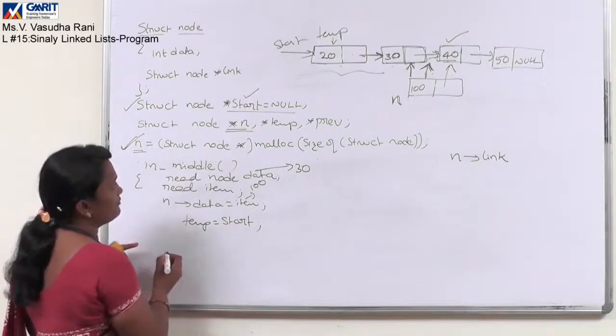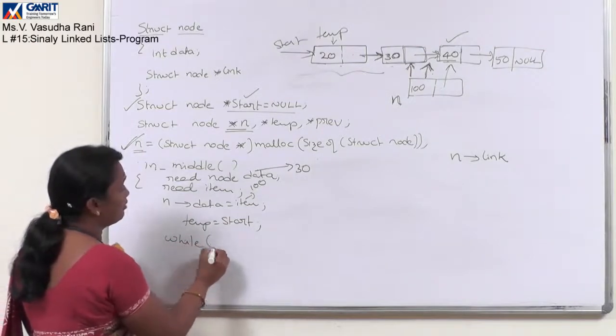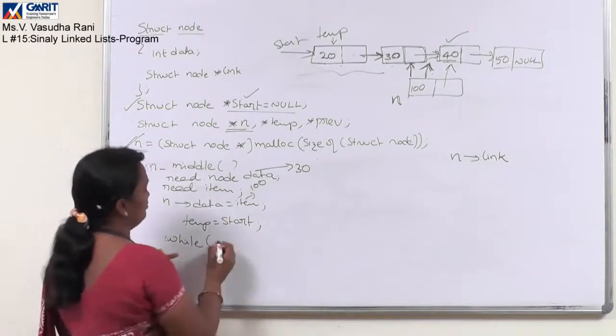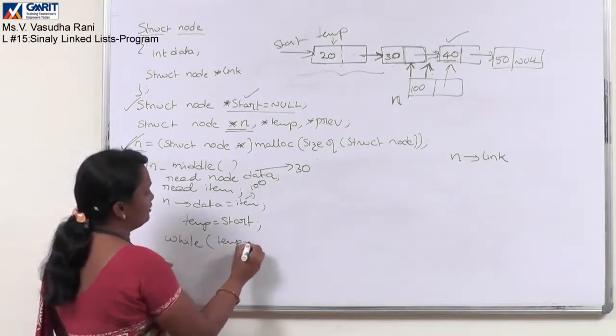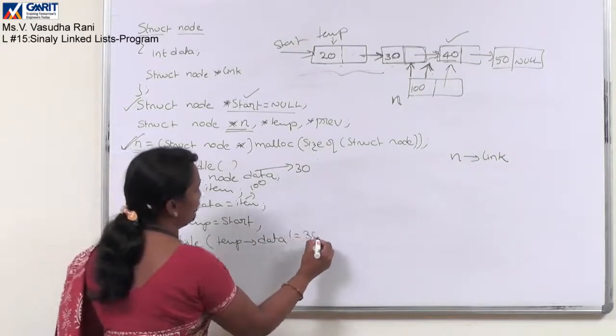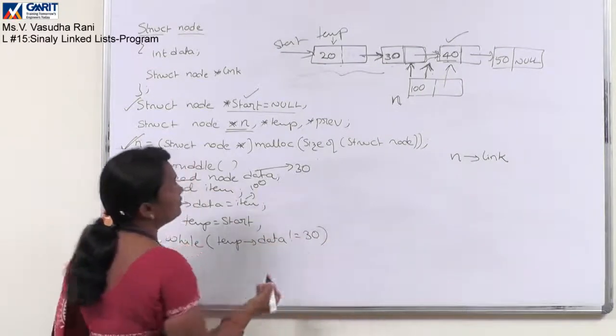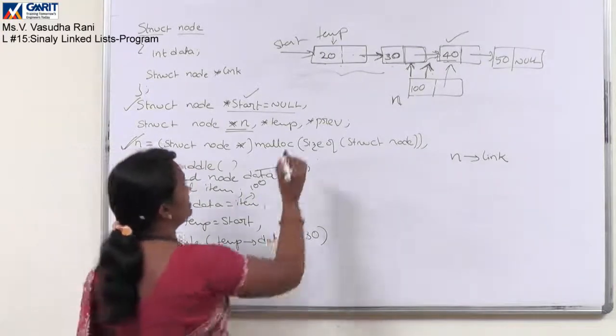So we have to traverse while temp data is not equal to this 30. We have to traverse our list.